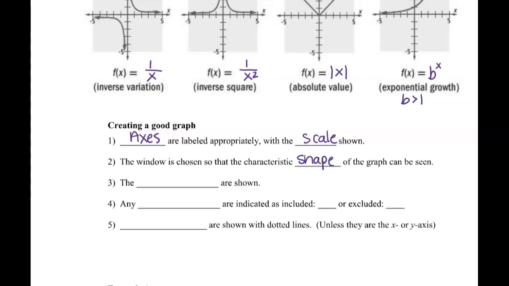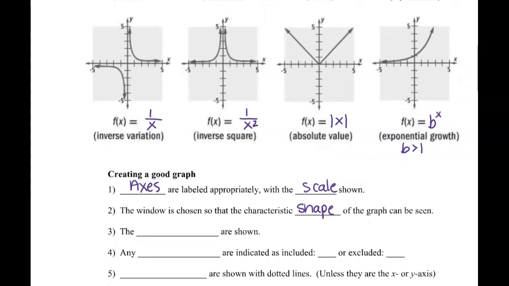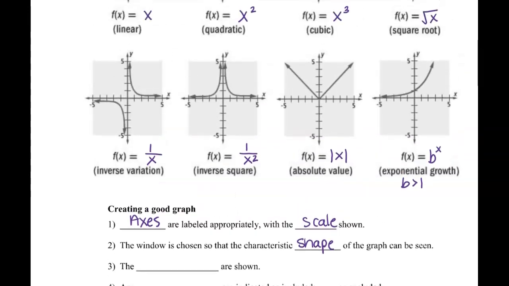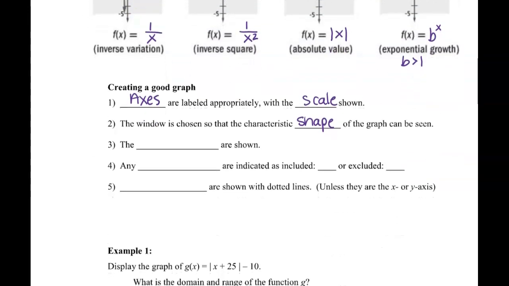So as far as the shape, what I mean by that is, let's say you're looking at the inverse variation graph, and let's say your window only shows this. If that's all you see, you're really not getting a picture of what the graph looks like, right? You're only getting half of it. So that's what I mean by making sure the window shows the shape. You don't want to show just part of it.